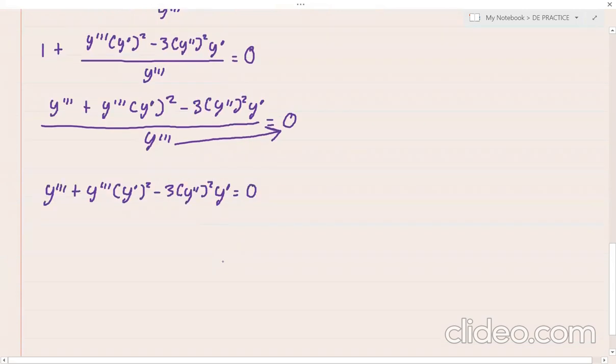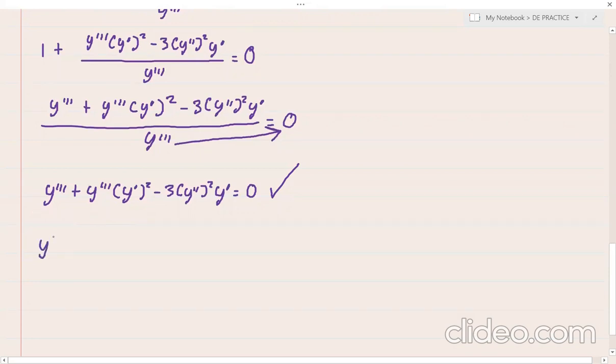Ayan na siya. Okay? So this one, as you can see, na-simplify natin to. So we can leave this as your final answer. Or pwede pa natin itong i-simplify. Because as you can see, itong terms na to, we can simplify in two ways. First, we can factor out the first two terms by y third prime because both of these terms are divisible by y third prime.